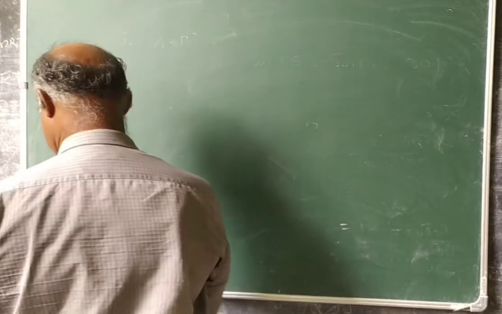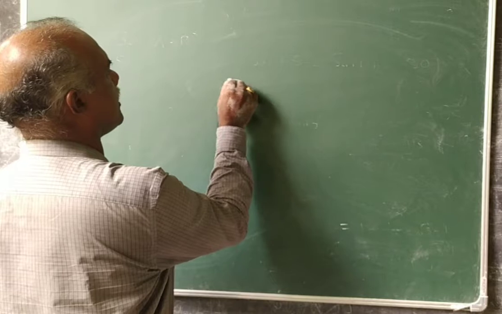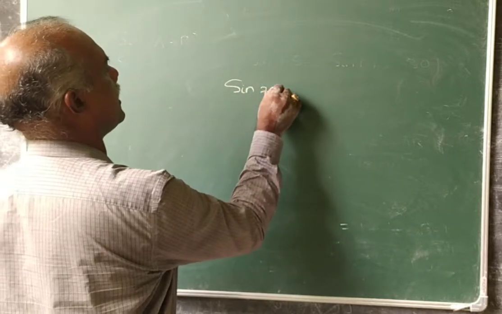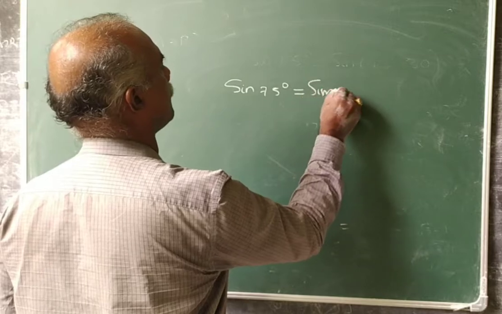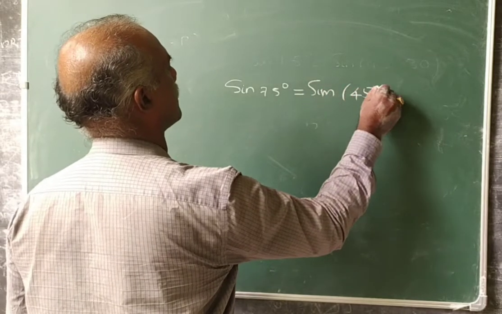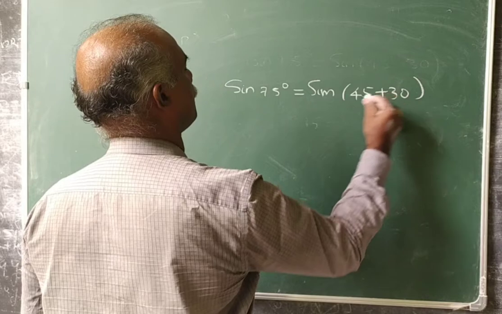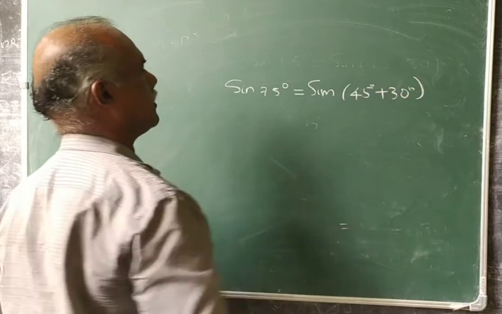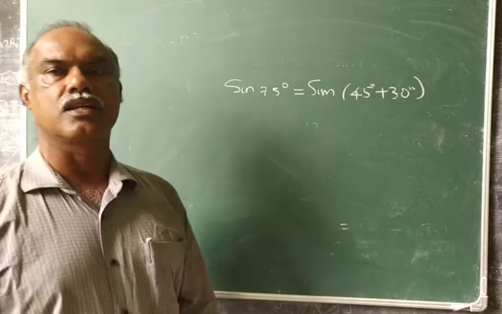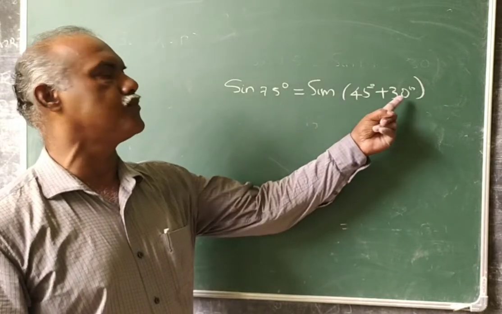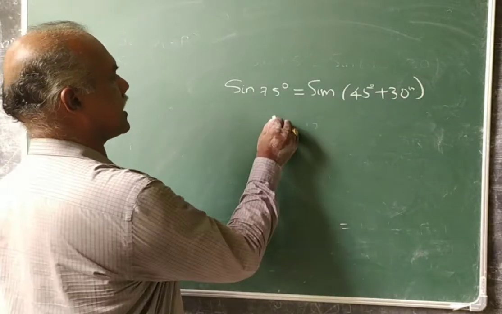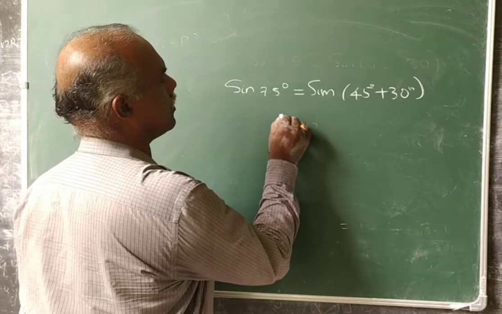To get sine 75 degrees, we take this as sine of 45 plus 30. 75 is not a standard angle. So we take this 75 as the sum of two standard angles. Once again the result is used.